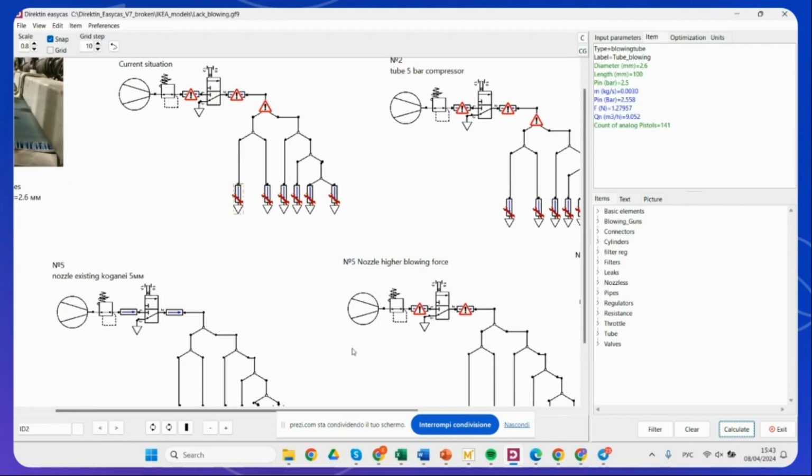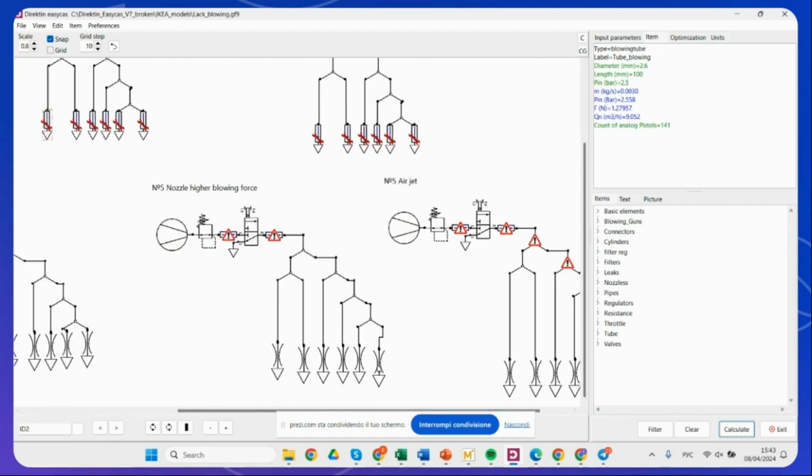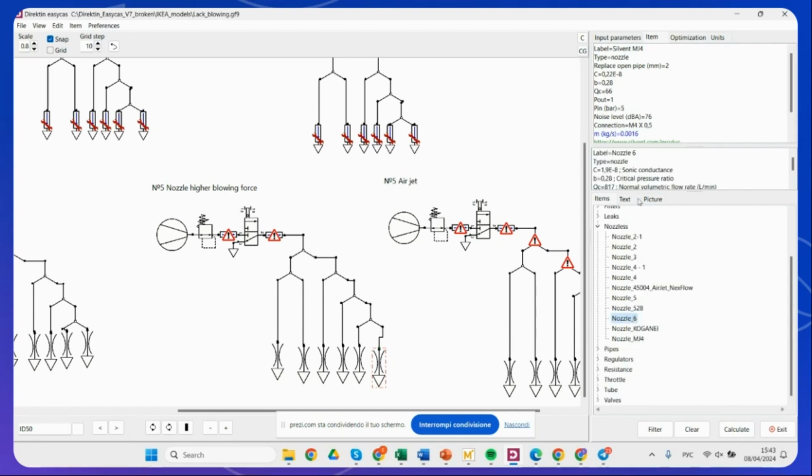How can we analyze and how can we optimize in this case? We can see if we can install in the same system, without changing anything, nozzles with a higher blowing force. So we can go, for example, to the catalog and check the nozzles, and using the nozzles that we have already, we can check what the blowing force is at various pressure levels.